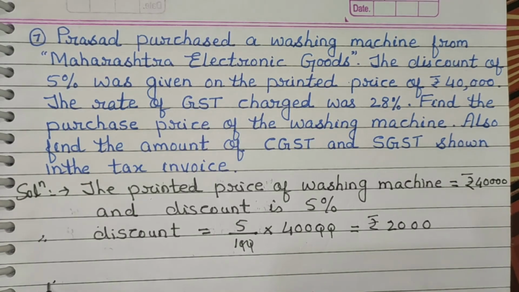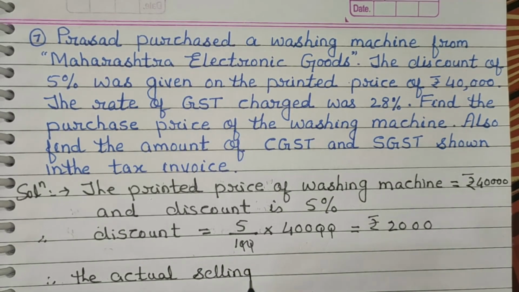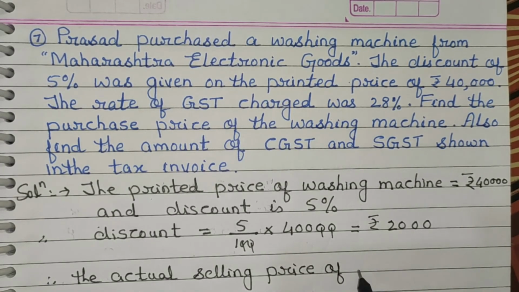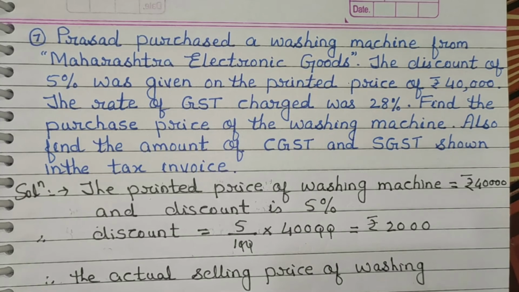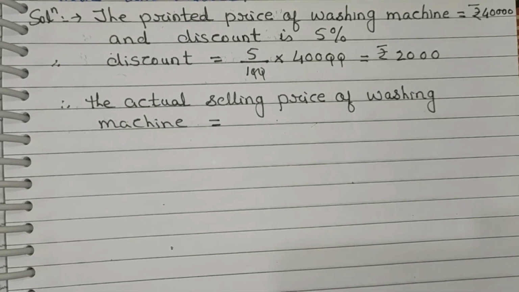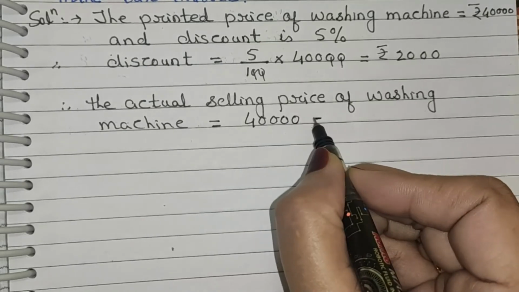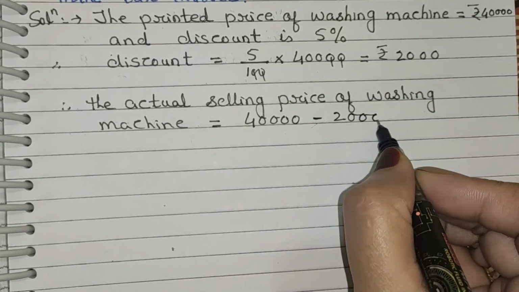It is discount. Therefore, the actual selling price of washing machine is equal to, now the printed price is 40,000 minus discount 2,000.